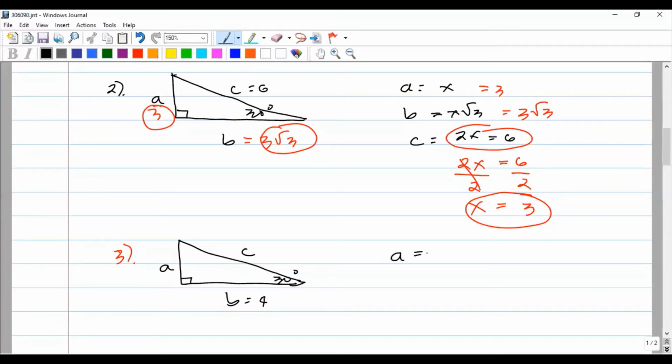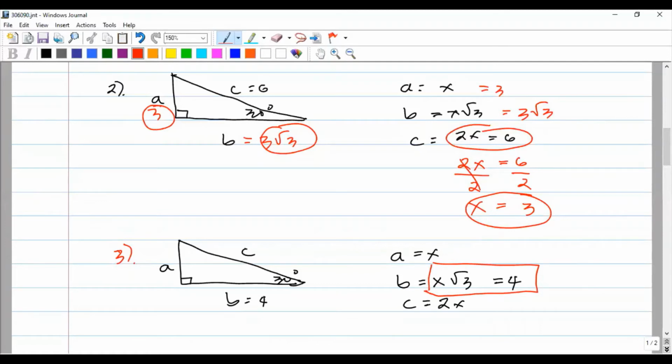Again, we have A is equal to X, B is equal to X square root of 3, which is equal to 4, and C is equal to 2X. So we can derive the value of X from side B, since it has a real value.